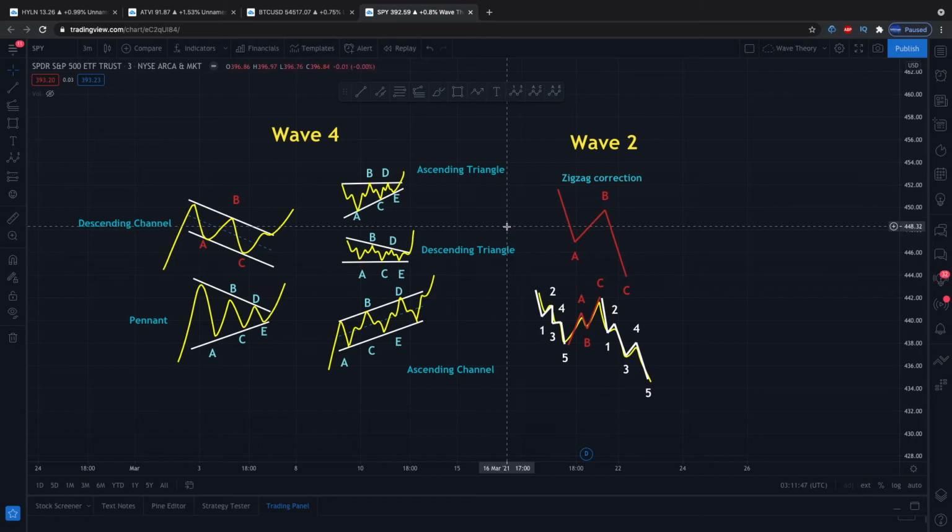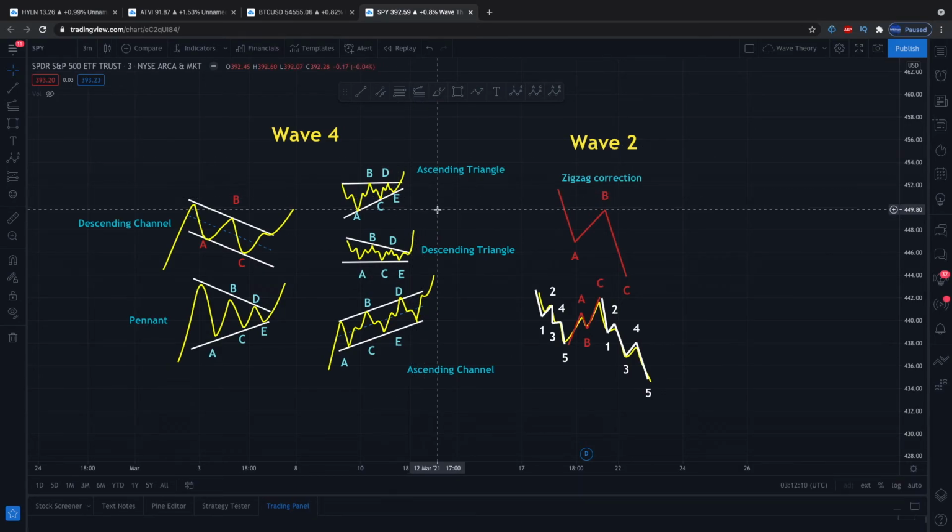So first of all, we have the ascending triangle, where price bounces back and forth between two trend lines. In this case, your top trend line is just staying flat, while the bottom trend line is slowly increasing. And when you have this kind of price movement, you'll see each of the waves, this A wave, for example, subdivide into 3 waves. And so you have an A wave, a B wave, a C wave, a D wave, and then an E wave, and then a push upwards for the 5th wave.